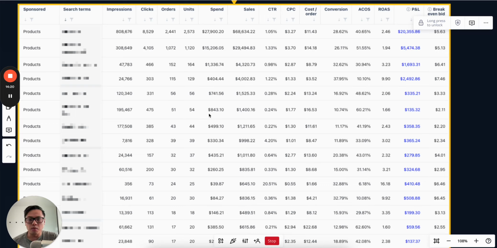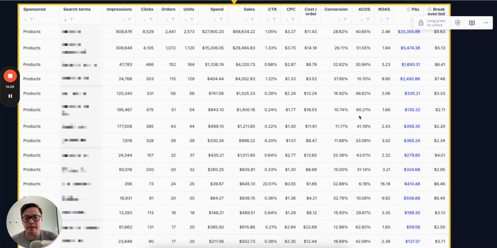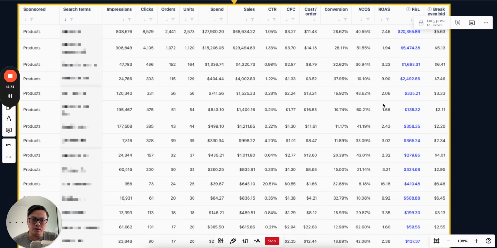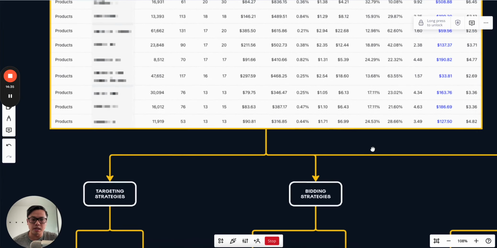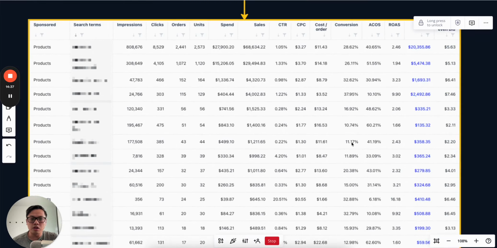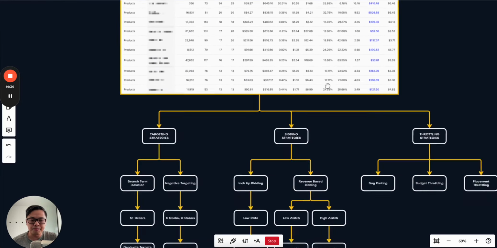So if you spend $400 and it still performs at 60%, you essentially reduced your overall account spend. Even though the ACOS here may show at 60%, your total ACOS, when this all gets summed up at the very bottom, should improve and be better.